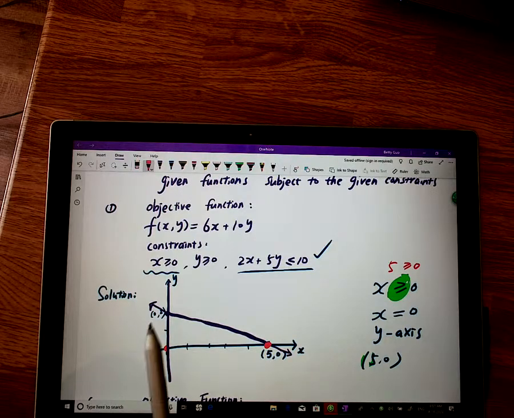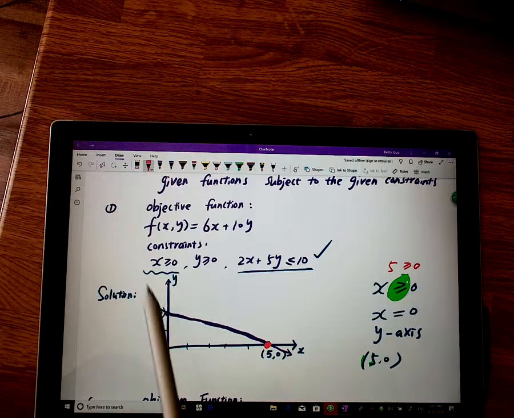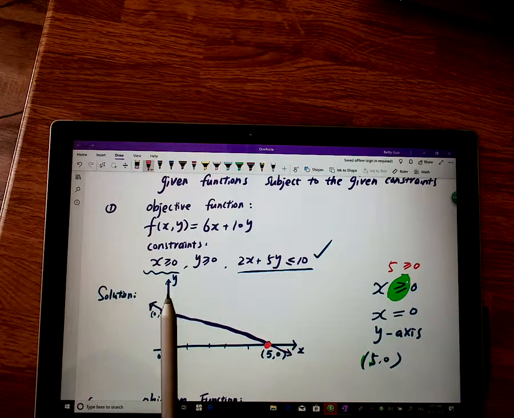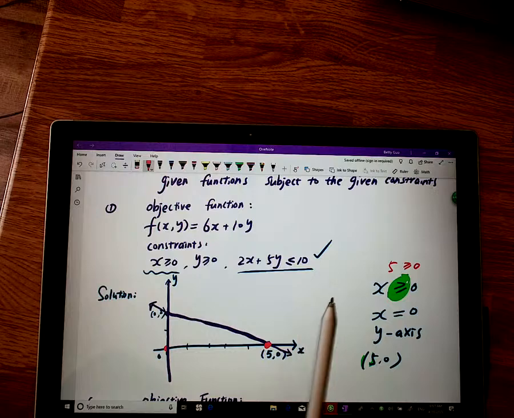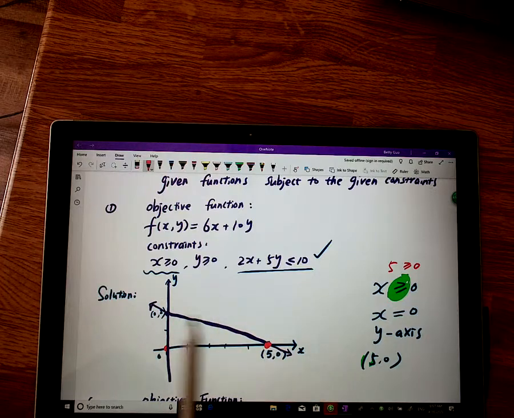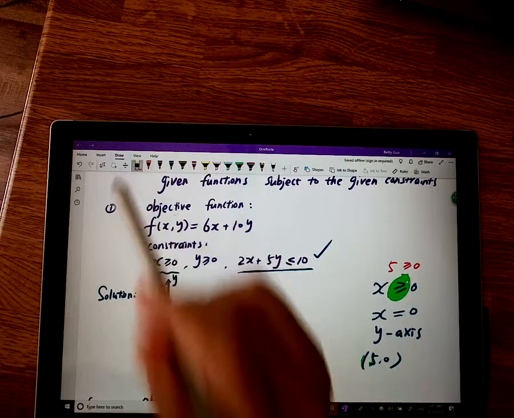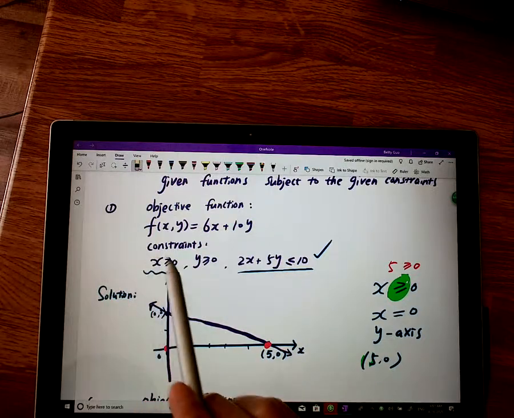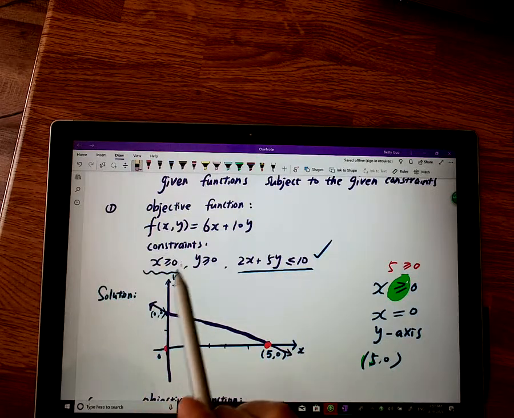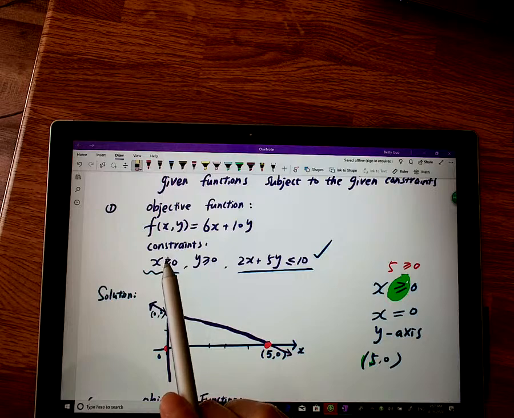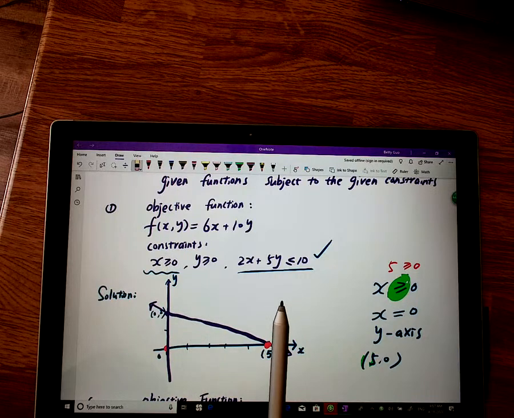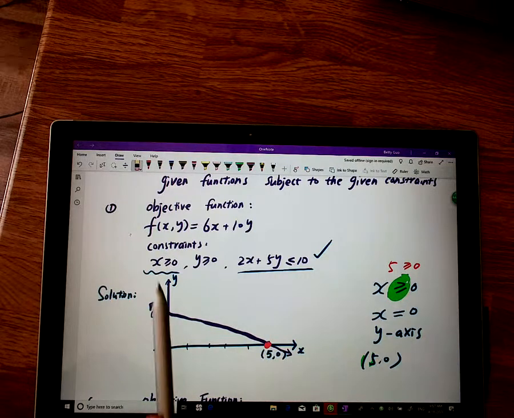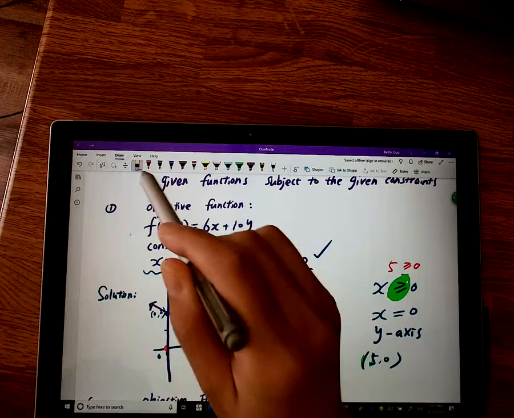So the solution set of this inequality is the half plane to the right of the y-axis, including the points on the y-axis. One more time, the solution set of x bigger than or equal to 0 is the half plane to the right of the origin, including the points on the y-axis.